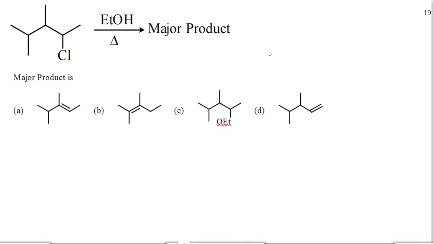Now this is one of the reactions. Ethanol is a base, and heat. So when we heat it with ethanol, what is the major product formed? First of all, there is a formation of carbocation.